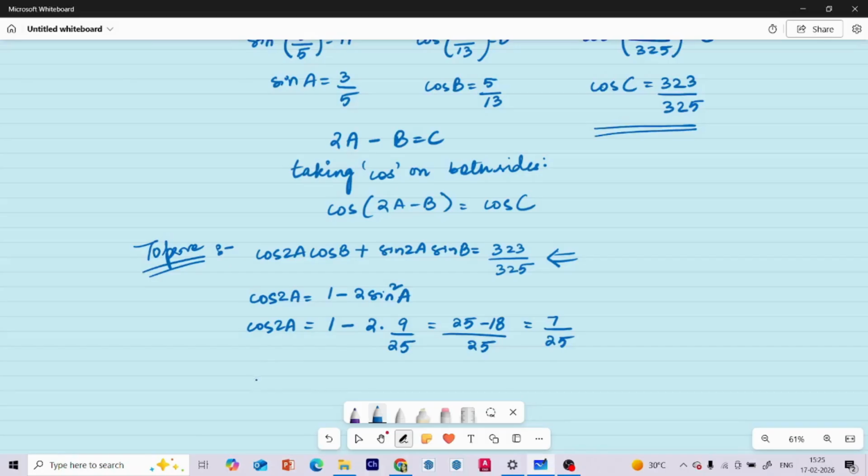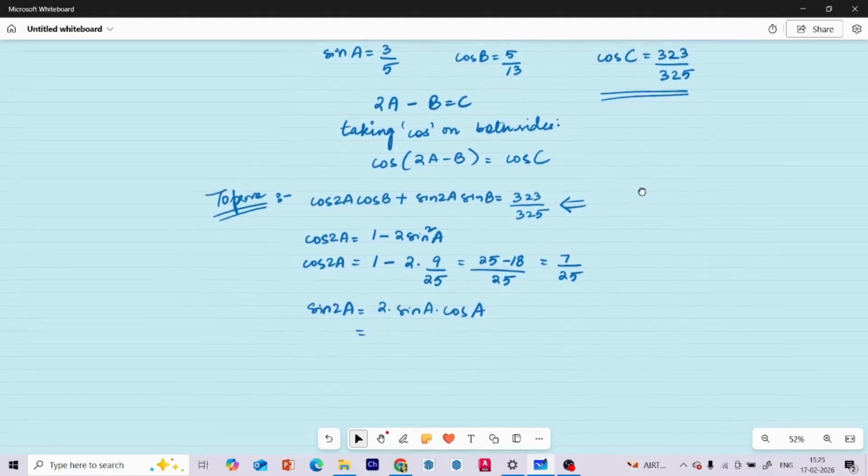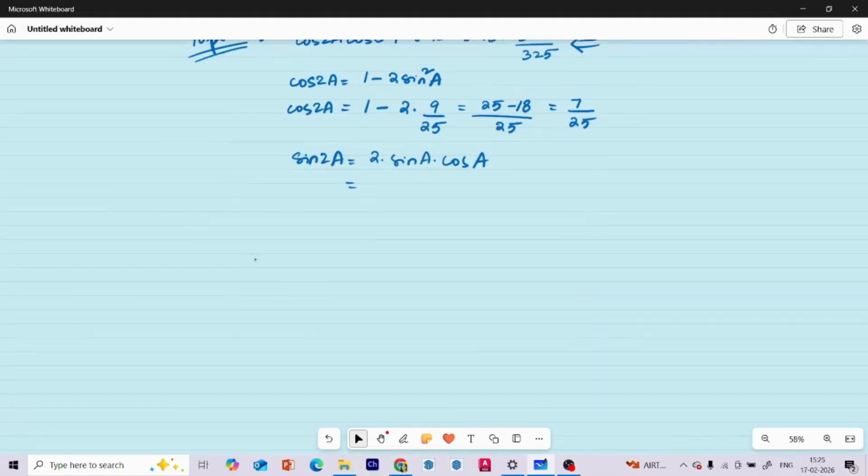What do we need now? After this we need the sin 2A value also. What is the sin 2A value? 2 sin A cos A. So our sin A value is 3 by 5, so what should cos A be? If sin A value is 3 by 5, cos A value is 4 by 5. Why? If this is a triangle and this is our angle A, sin A is 3 by 5.